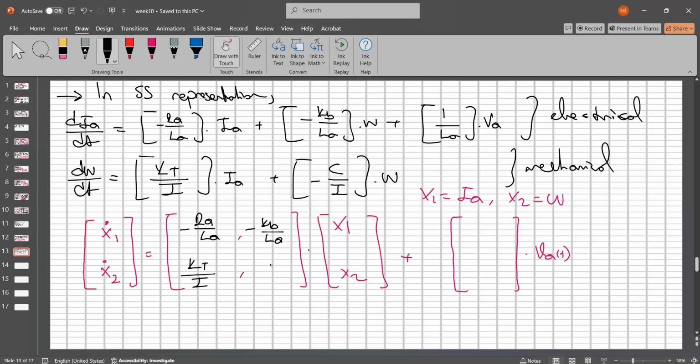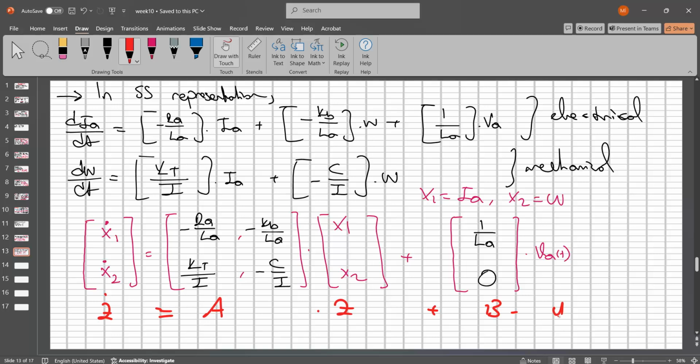And so, what about the first term of the input? Yes. See? This is z dot equals A z plus B u. Right? That's the state space.